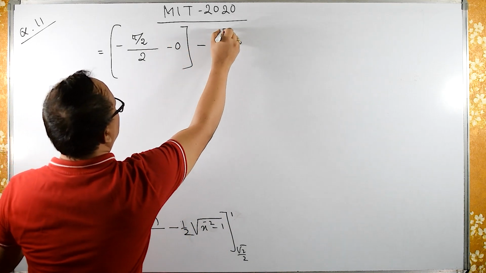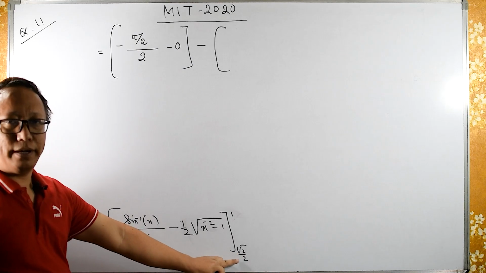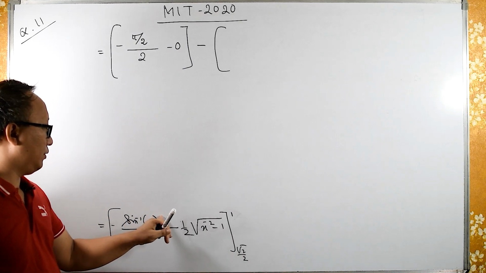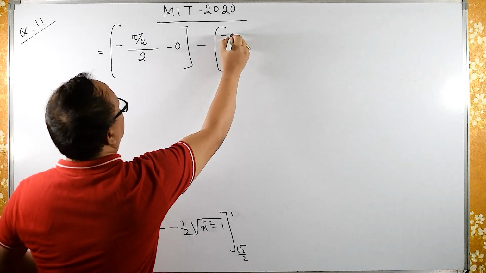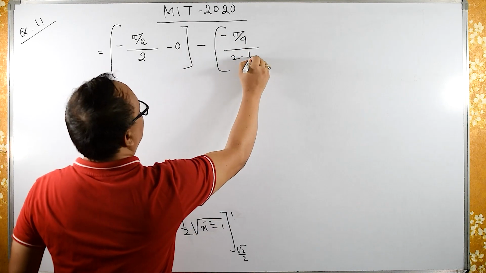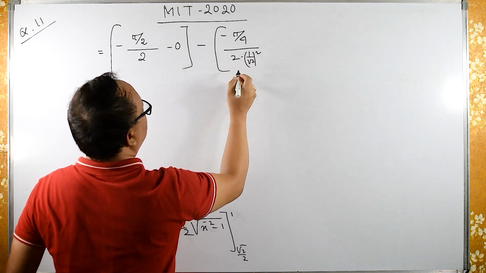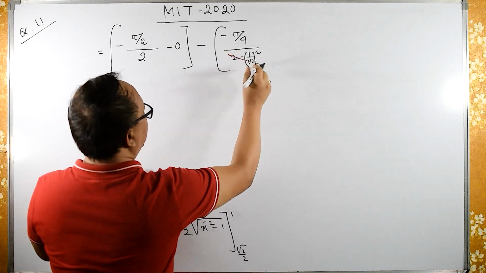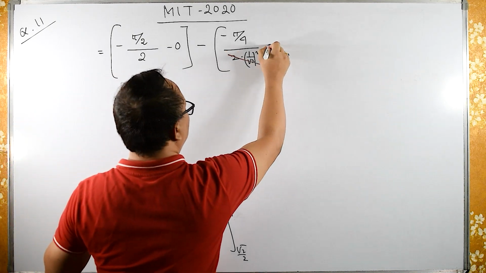Upper limit minus lower limit, root 2 by 2 is same as 1 by root 2, sine inverse of 1 by root 2 is 45 degree, minus pi by 4 upon 2 into 1 by root 2 the whole square, means these 2 get cancelled.